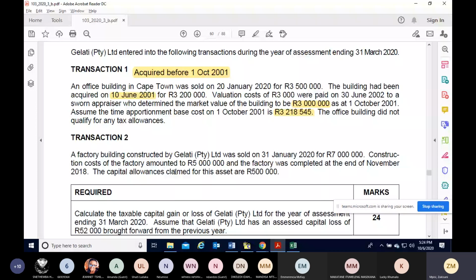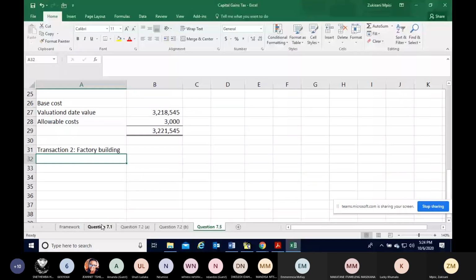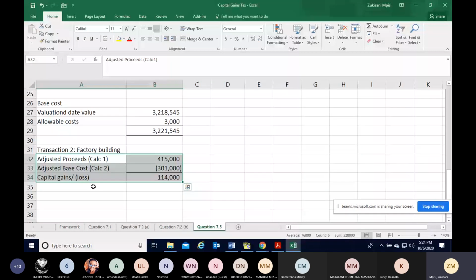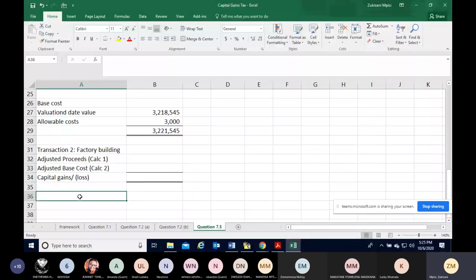So here we've got a very easy line. It's a similar thing that we have to go on, which is going to be long. Therefore, we have got to use this formula for assets purchased after the 1st of October 2001. Just going to delete these. So let us quickly go through calculations.